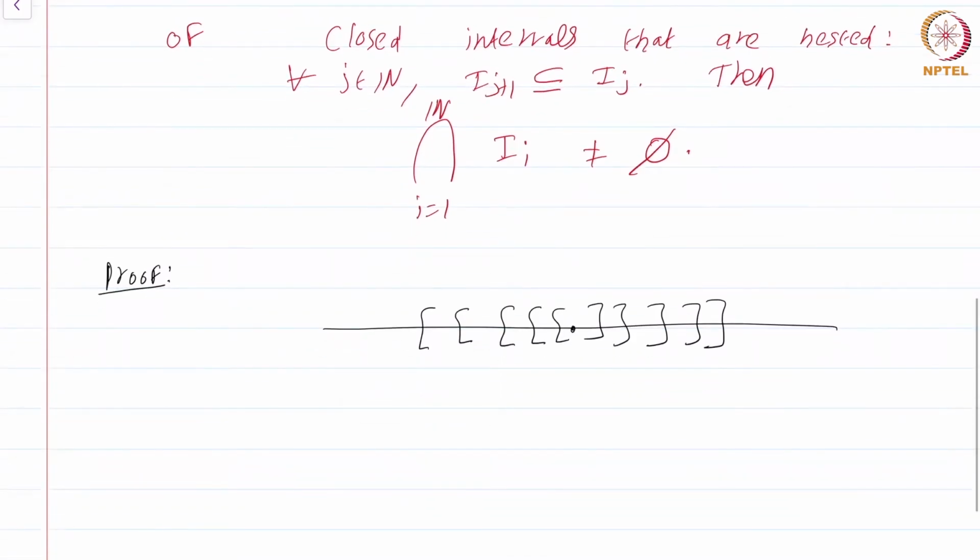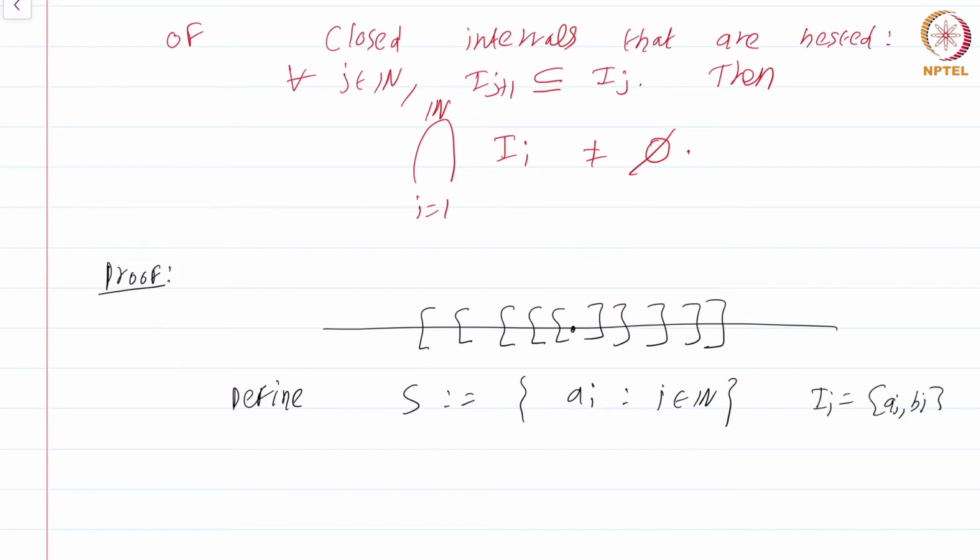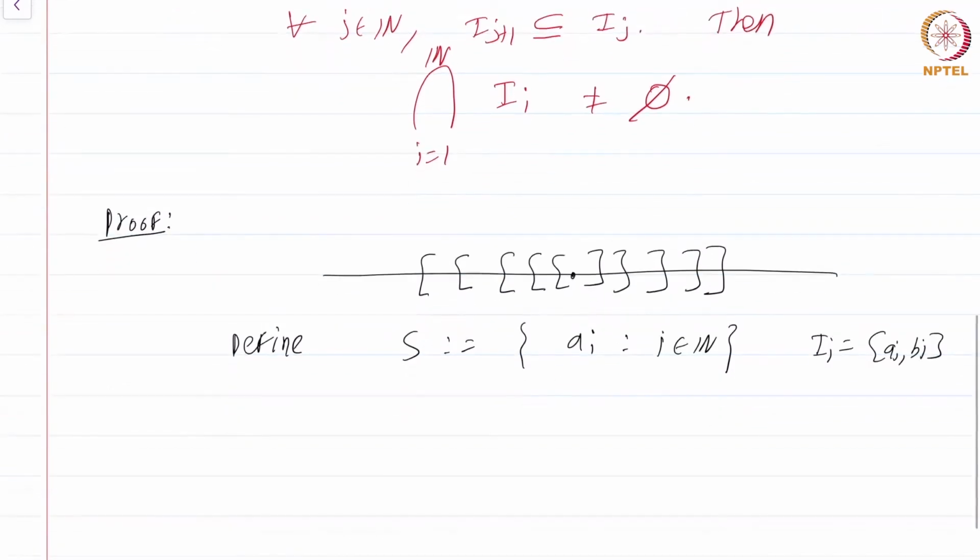Now, how do I prove this? Well, define S to be the collection of a_i such that i is in N. Note, I_i was just [a_i, b_i], so I have these closed intervals, and I'm just looking at all the left endpoints and putting them in a set.